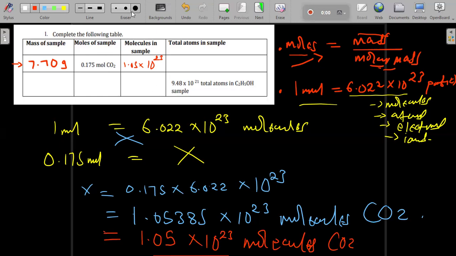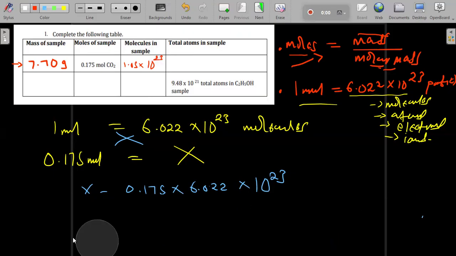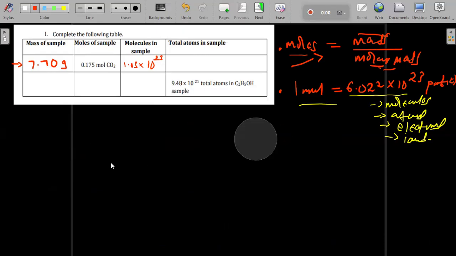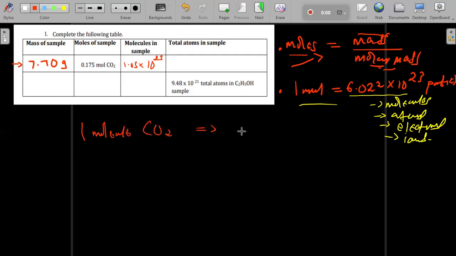Okay, so now once we have the molecules, the atoms are very easy to find. Please guys, if you have any question, just unmute yourself and ask. So what we have to know is that one molecule of carbon dioxide has a total number of 3 atoms. How do we count these atoms?